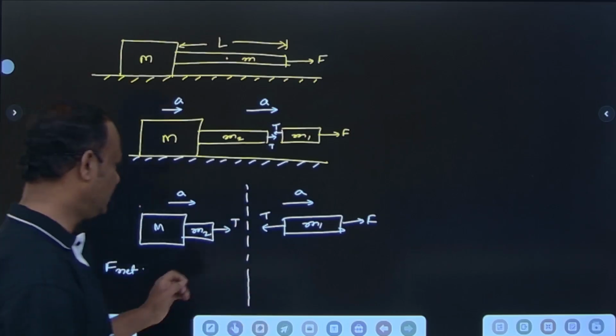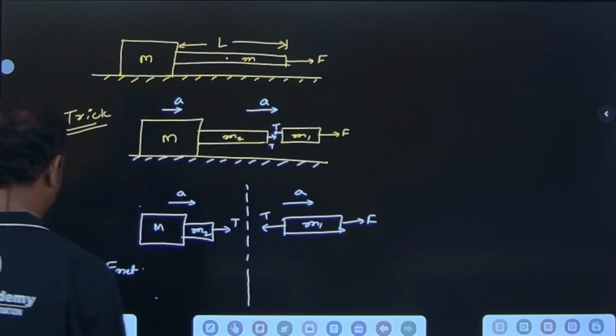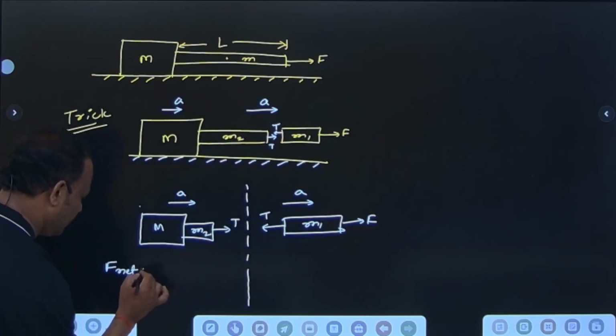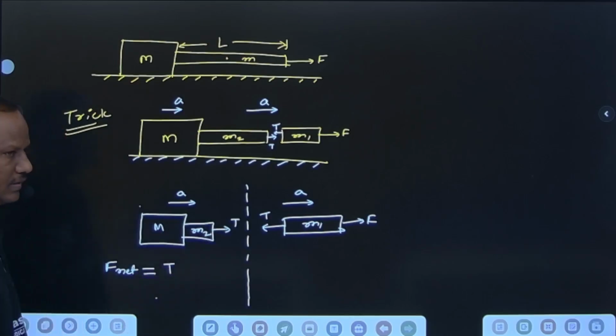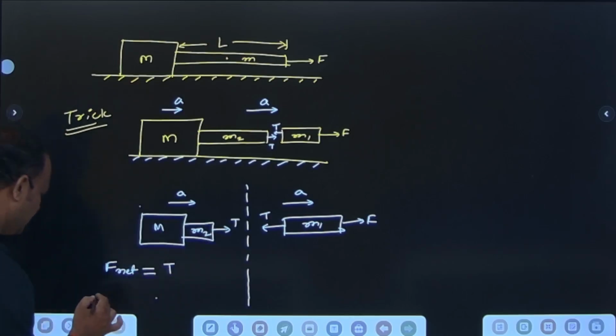I need to write its equation. F net is equal to, how many forces are acting on it? It's T. F means MA.